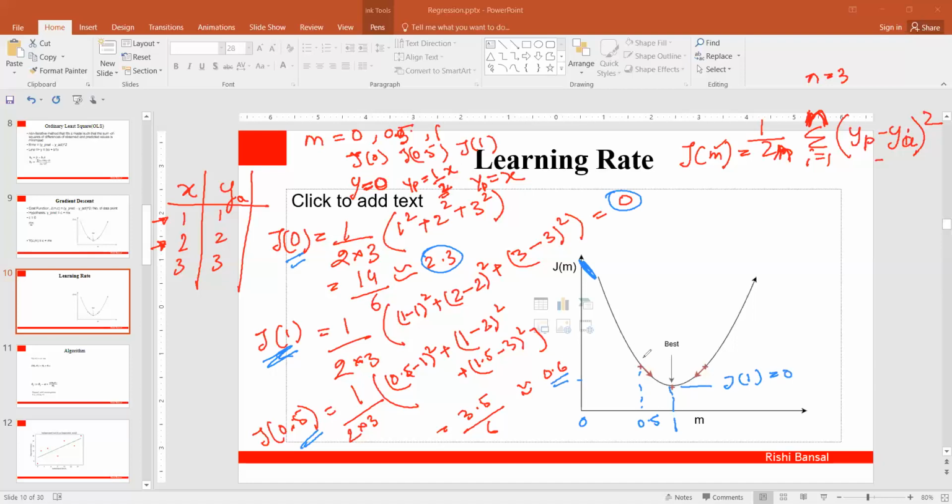And J0.5 came 0.6, and J of 0 came somewhere around 2.3. So you can see that J1 is minimum. So that's what I want to show you, that for this reading, m is coming 1. For m equal to 1 means, with your logic, this J1 will come minimum. This is clear to everyone what I want to show here.